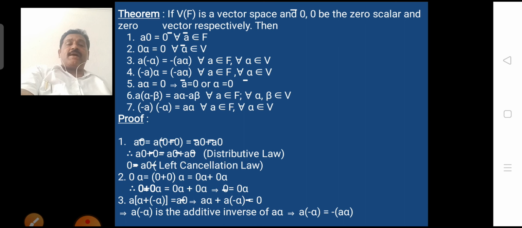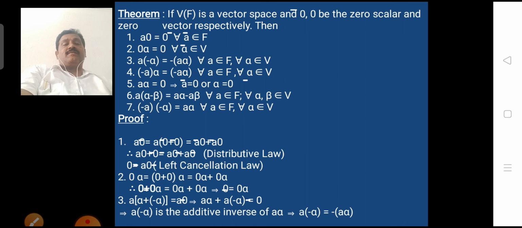Four: minus A into alpha equal to minus A alpha. Five: A alpha equal to 0 bar implies A equal to 0 or alpha equal to 0 bar. Sixth: A into alpha minus beta equal to A alpha minus A beta. And the seventh: minus A into minus alpha equal to A alpha.